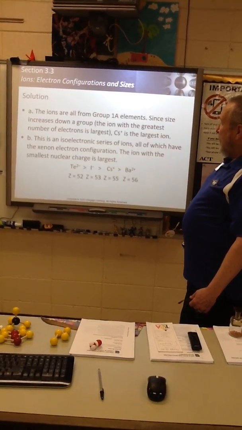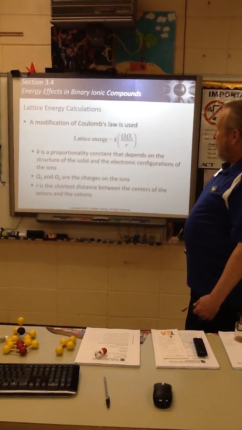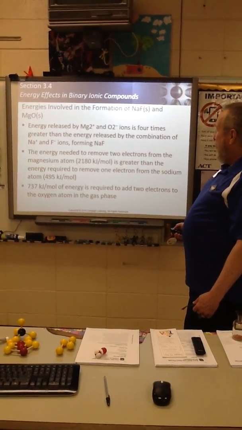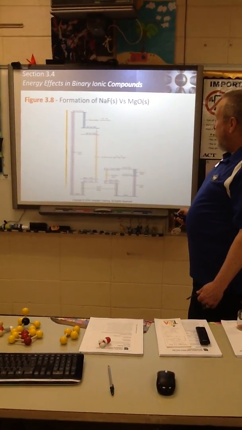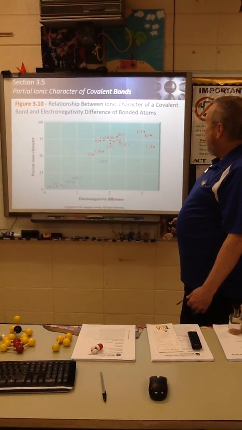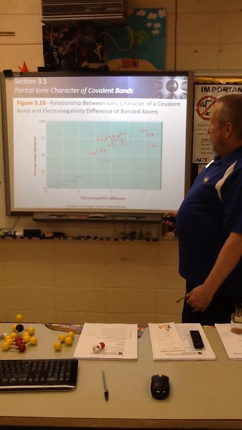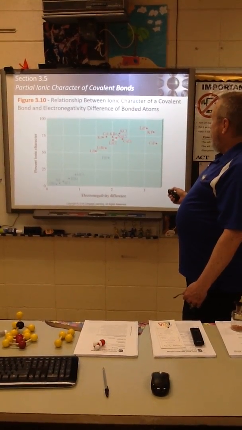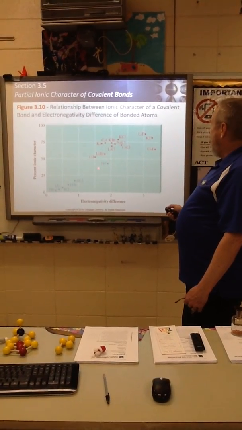I talked about ionic size and various things, and we discussed that if you look at the energy in compounds, it's energetically favorable for them to be compounds. And here's your percent ionic character, even on things you would think are 100% ionic, like sodium chloride or hydrogen fluoride.